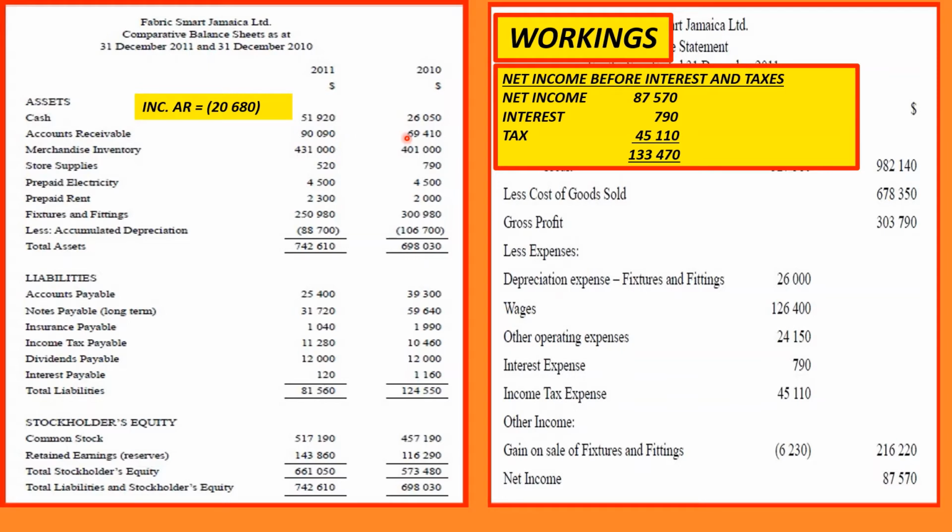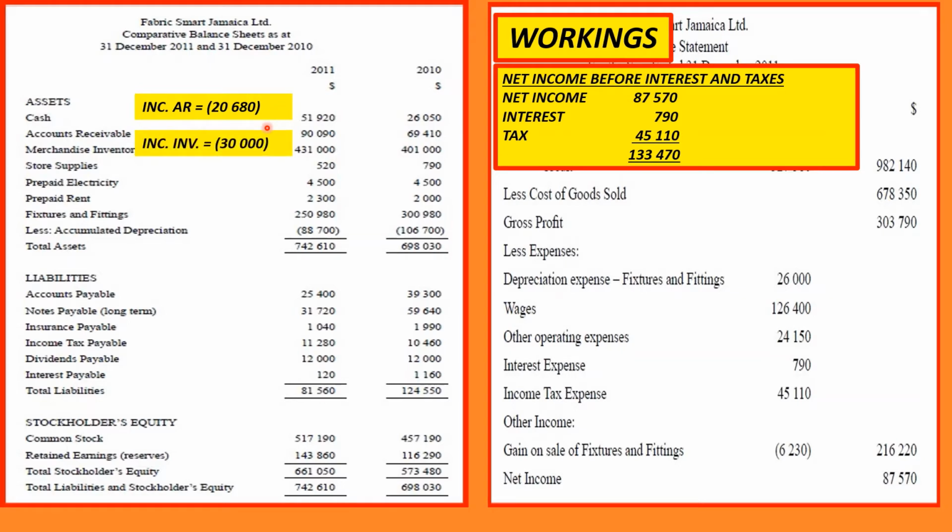And we see changes here, which involve a movement of cash, is an increase of 20,680. Okay, increase in AR is the increases in current assets usually means there has been a decrease in cash or an outflow of cash.